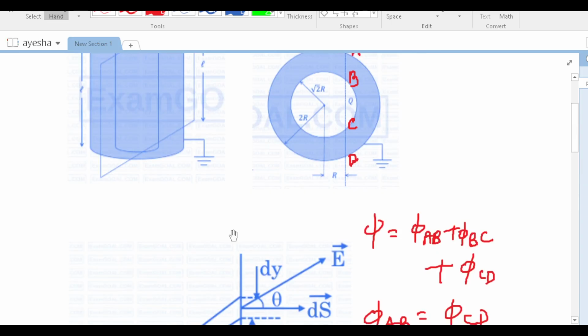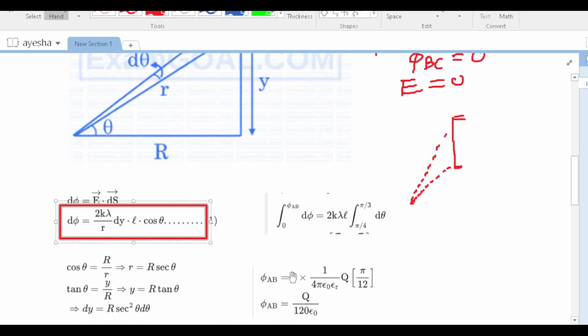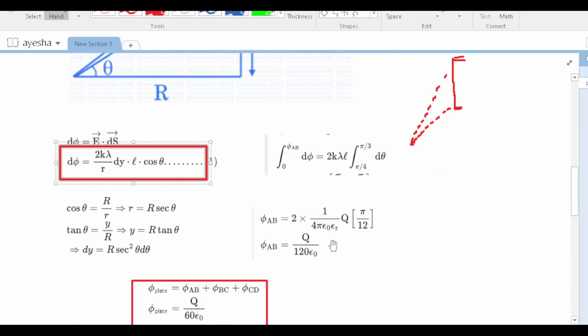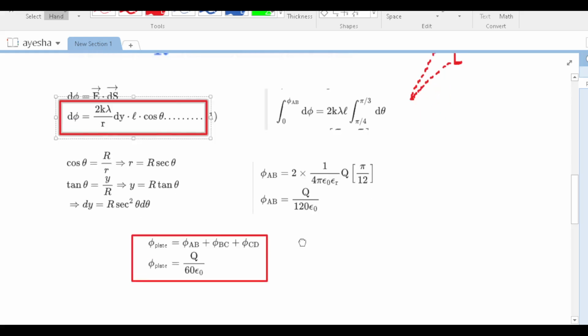If you read the question, epsilon R is given as 5. So in the denominator, when you are multiplying epsilon naught, you have to multiply with the dielectric constant also, so that 5 will come over there. So finally you will get Q by 120 epsilon naught. But because there are 2 multiplied by 2, you'll get finally Q by 60 epsilon naught, which is the answer.